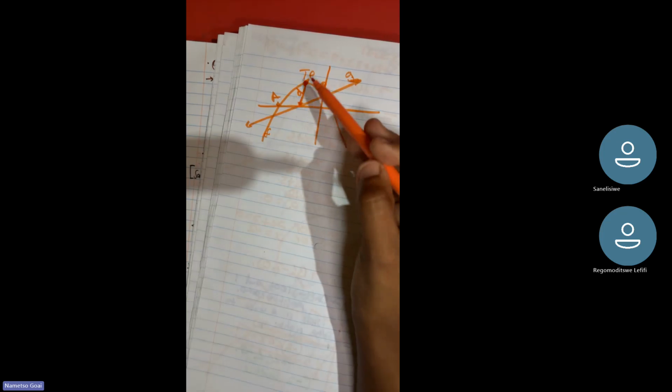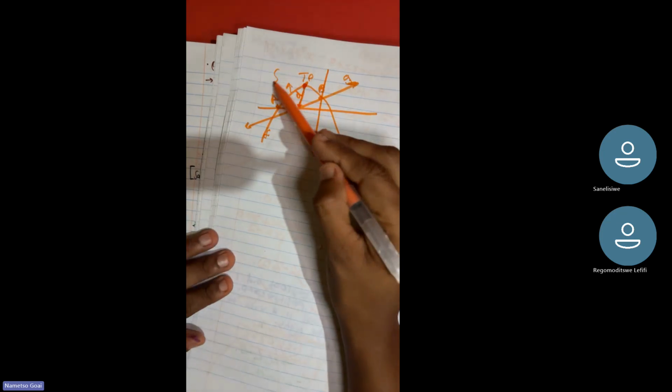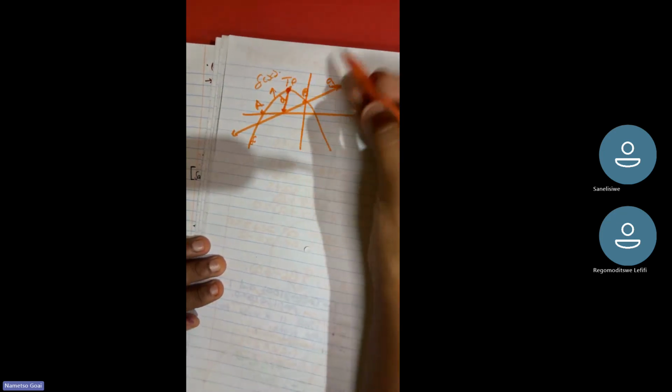And how can we get the distance? Because this is the upper function, F of X is our upper function, in order to get the distance we can say F of X minus G of X, right?